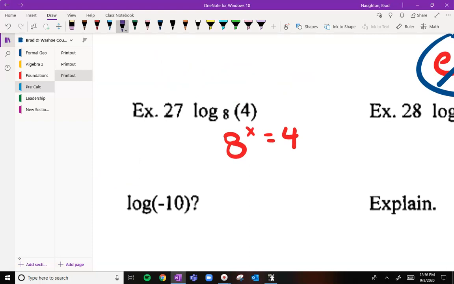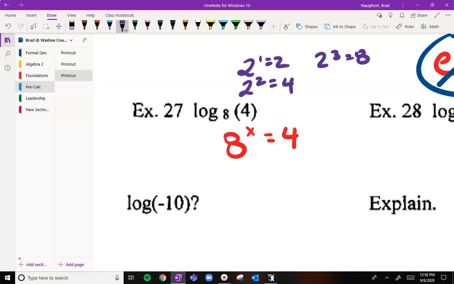Well, there's no way you're thinking I can make 8 into a 4 using exponents. Well, there is a way, so let's use our common bases. If I think of 4, 4 to the 1 is 4, 4 squared is 16. That's definitely not 8. So let's stay away from the 4s. Let's look at the 2s. 2 to the 1 is 2. 2 squared is 4. 2 cubed is 8.